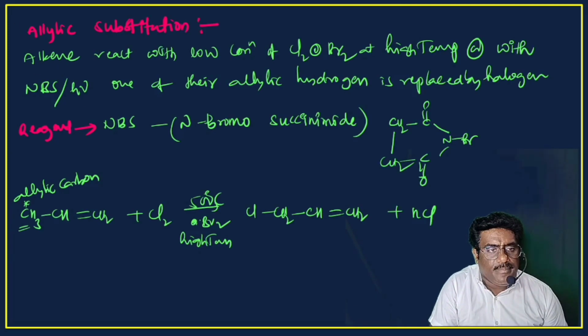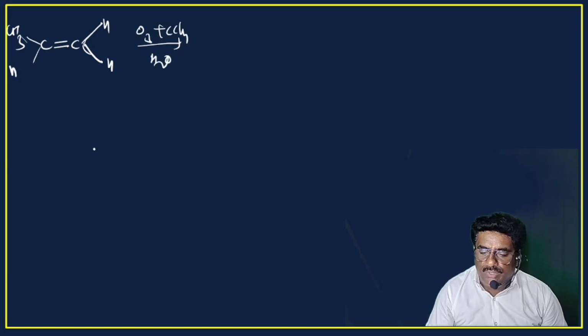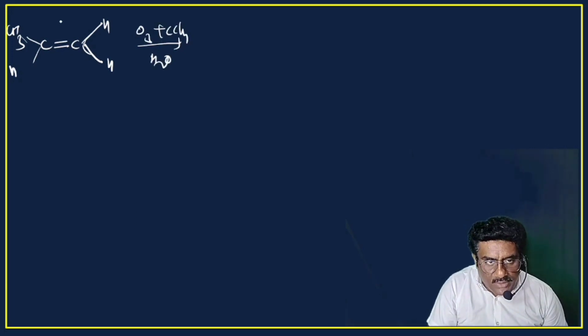For example, a carbon double bonded with carbon, with H, CH3, H, H. What is the reagent? Ozone, carbon tetrachloride in H2O. Very simple: same double bond breaking, keeping of oxygen.